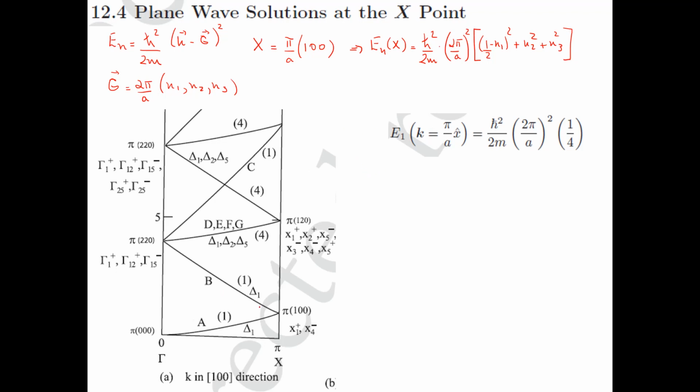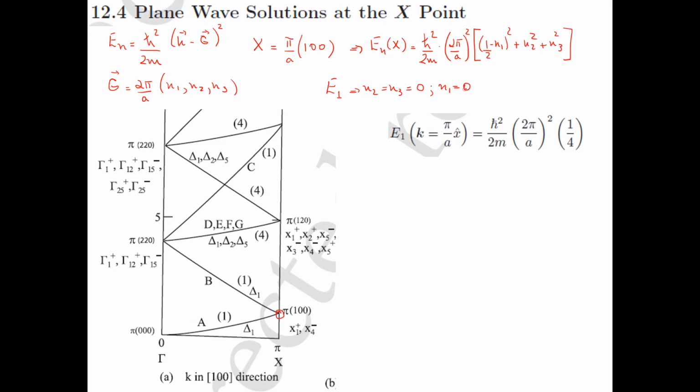And then the first energy level, the one that we considered last time, is obtained by the lowest energy solution in this case, which is n2 equals n3 equals 0, and then n1 either equals 0 or 1, right? So I have two solutions with the same energy.